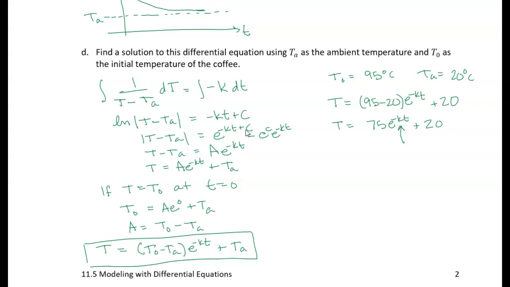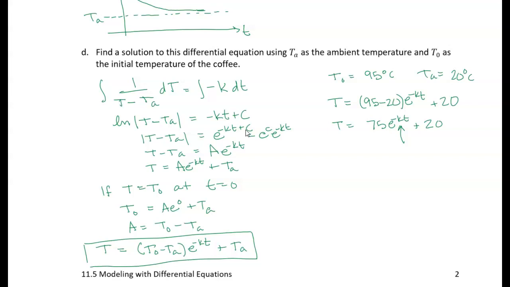But we could figure that out if we took the temperature at, say, 2 different points. We have the initial temperature, and if we knew that after 2 minutes the coffee was at a different temperature, then we could actually find k.